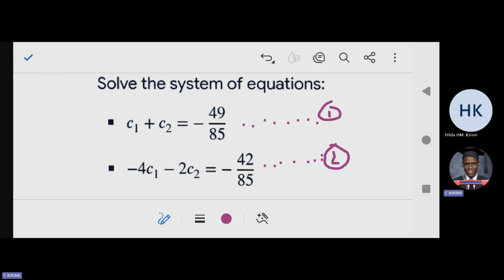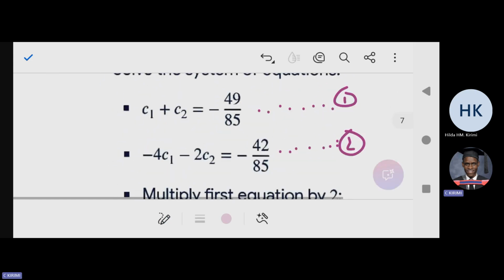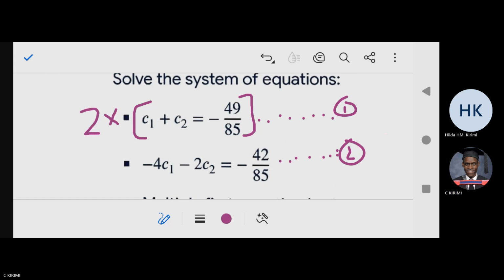Then you solve for C1 and C2 using elimination. Multiply the first equation times 2.